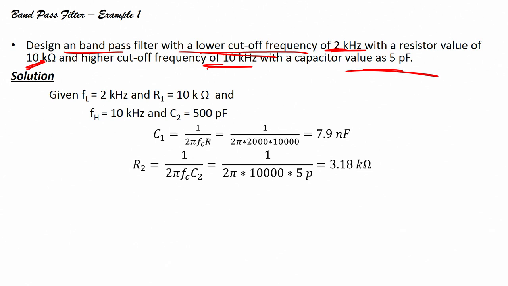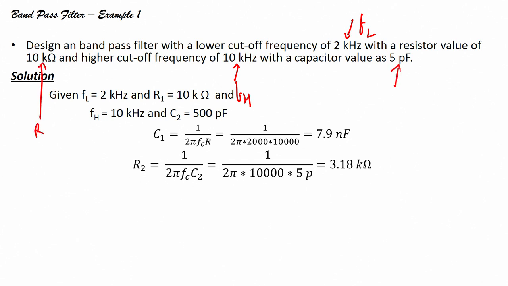FL is given, FH is given, this is your FL, this is your FH. Now, you are given R, which is here. You are given C, which is here.